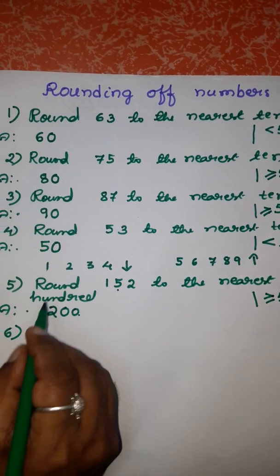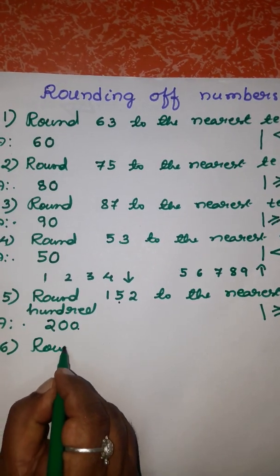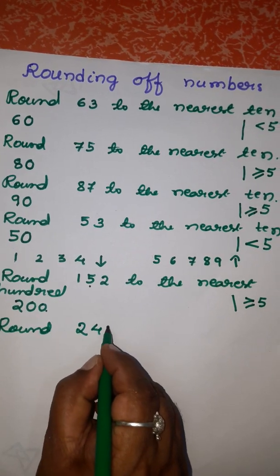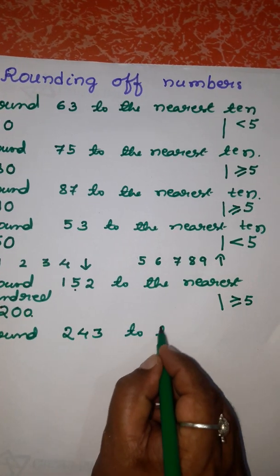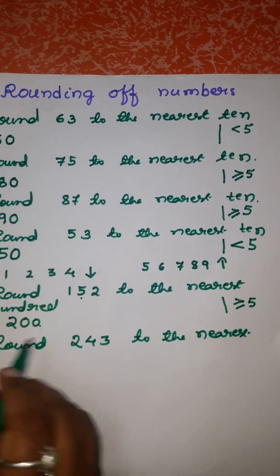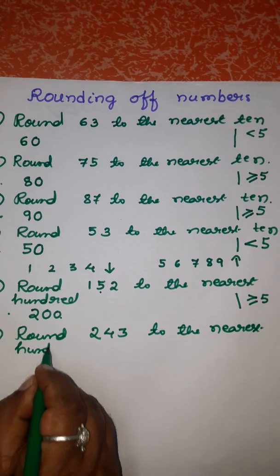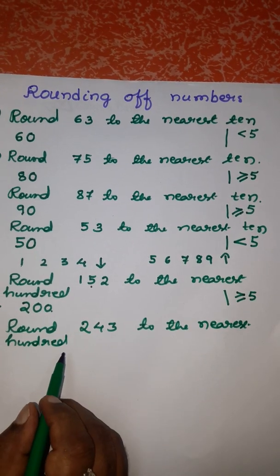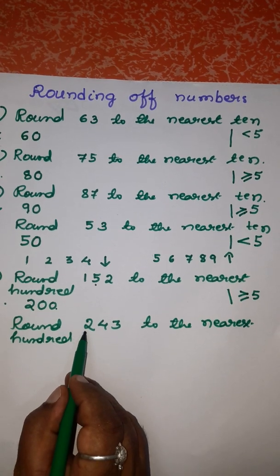So let me explain another example. Round 243 to the nearest 100. Answer. Now we have to round off this number to the nearest 100.